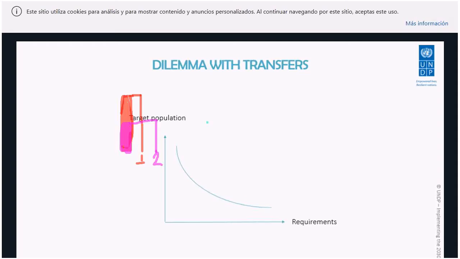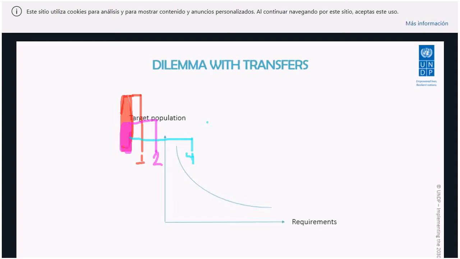So, not only being poor and living in rural areas, let's say this household has to be headed by a female with 2 children. Okay, so we will only cover this part, right?